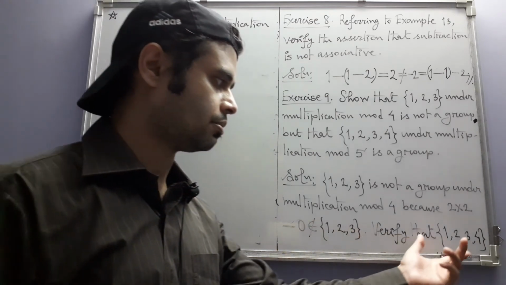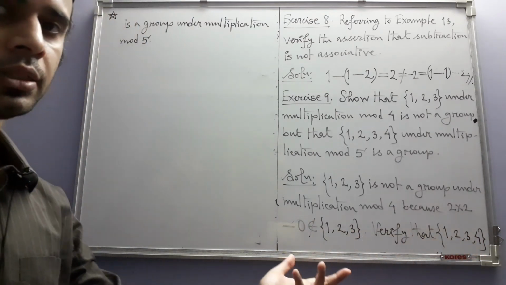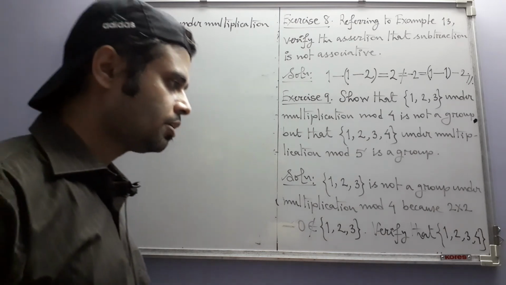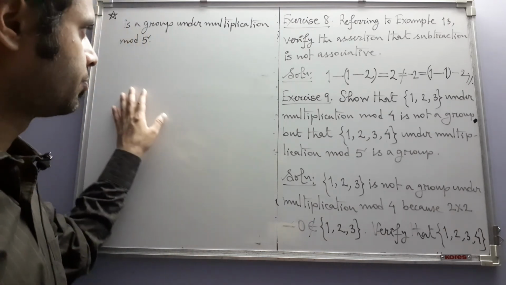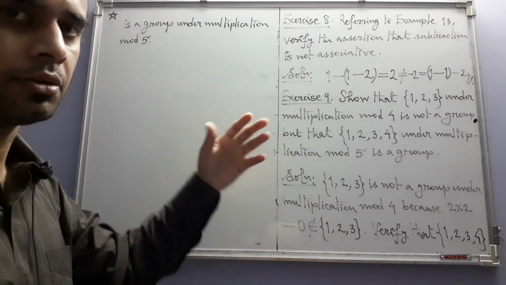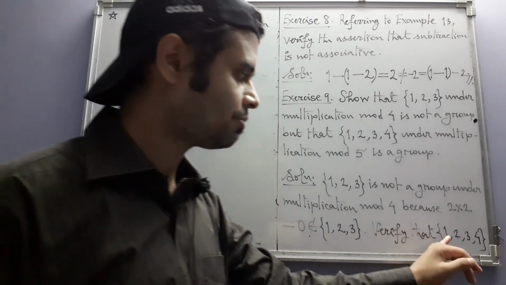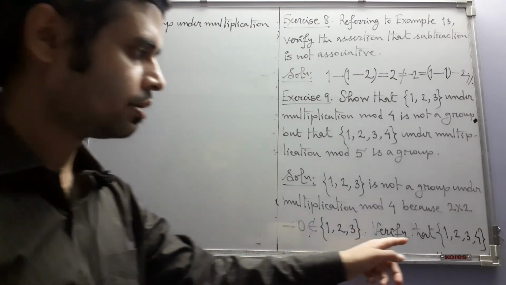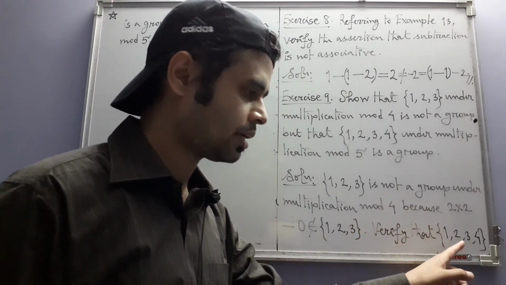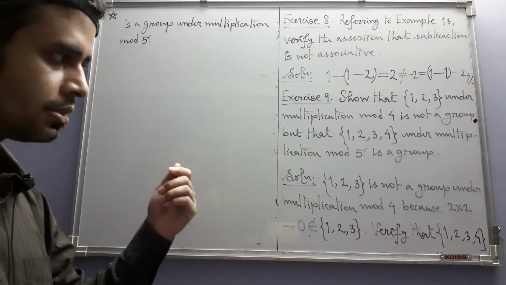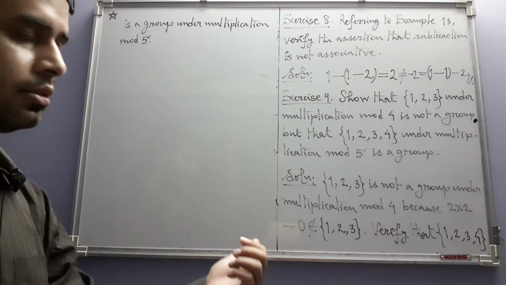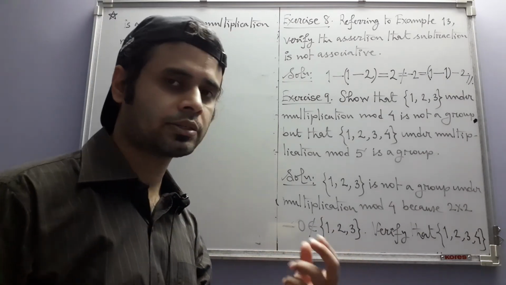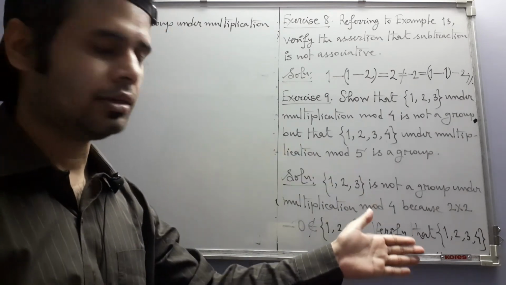Here you have to actually form the Cayley table, but you can also solve the exercise by not forming the Cayley table. All you have to do is perform all the multiplications, 1 times 1, 1 times 2, 2 times 1, and you see that modulo 5, the results that you get are again in this set.